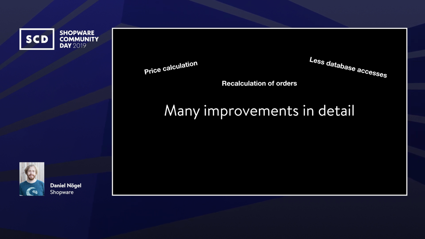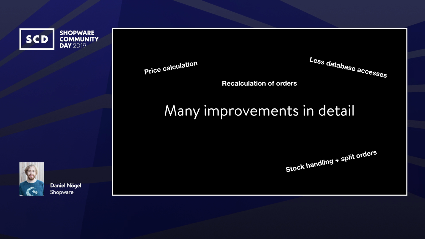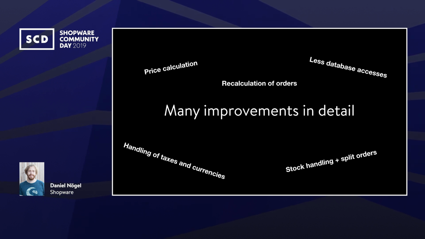We can recalculate orders from the administration, so if you're changing an order, it will tell you the correct price for that current customer scope. And it will also take care of stock handling and so on, split orders. That's not a feature we built right into it right now, but we plan to do it for later, so it's ready for that kind of thing.